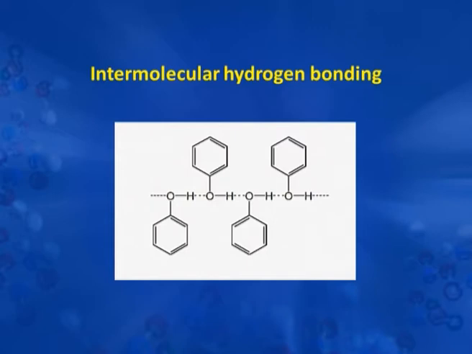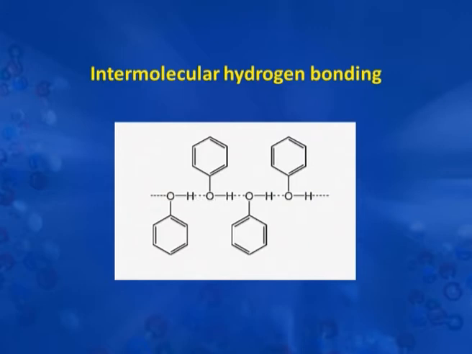Now, when this electronegative element attracts hydrogen, it forms this kind of attraction which you can see here in this molecule. The oxygen of phenol attracts the hydrogen of another phenol molecule, and at the same time this oxygen is attracted by the hydrogen of another phenol molecule, and a hydrogen bond develops between two molecules of phenol.